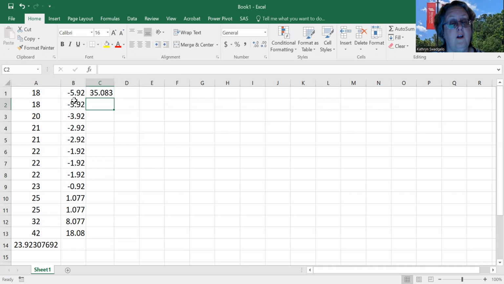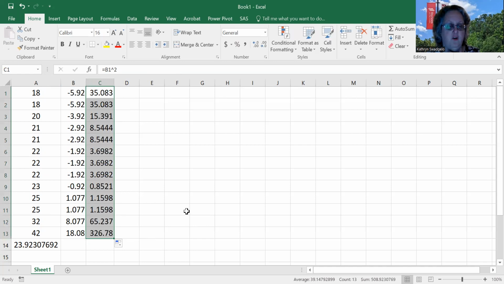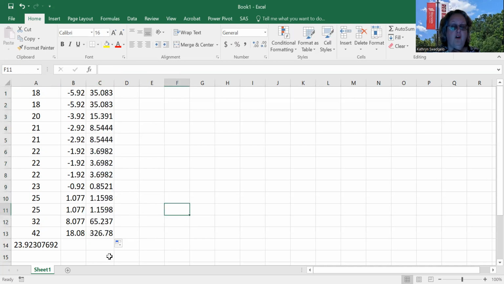So this is almost negative 6. Negative 6 times negative 6 is almost 36, so that makes sense. It's squaring this number. Again, I'm going to copy it all the way down so that I see all of those values squared. And now I'm going to add them up.